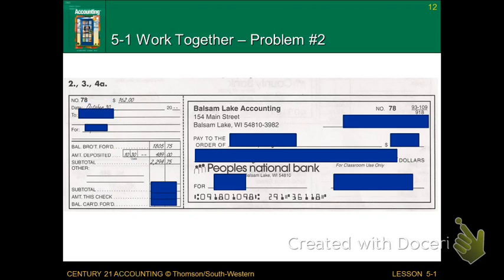And now it tells us that we are going to prepare a check stub for the corner garage. We're writing a check to the corner garage for $162 on October 30th.